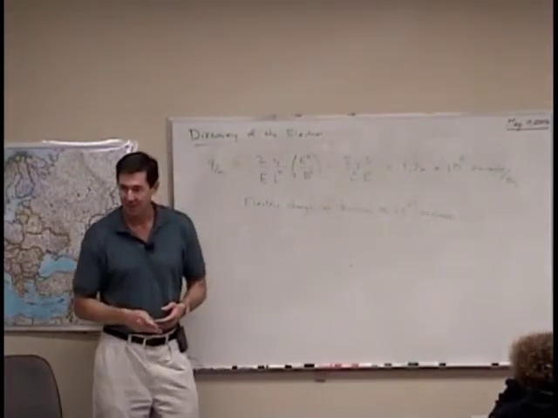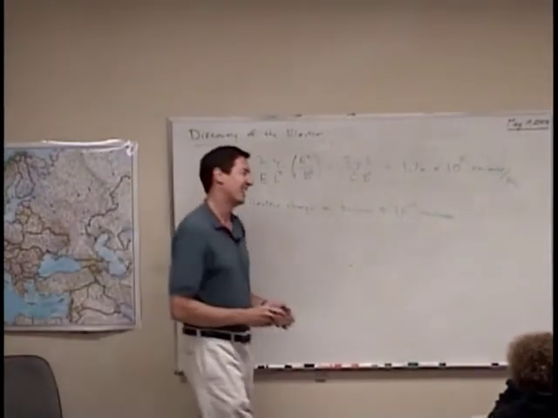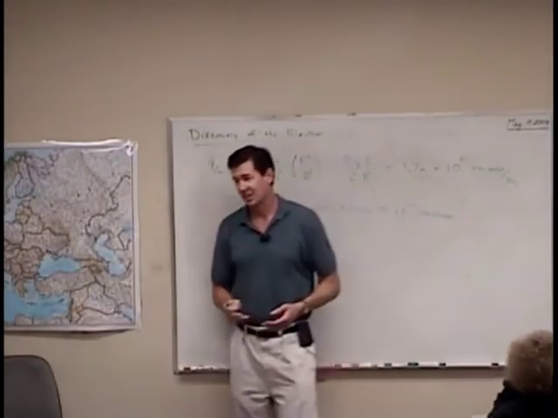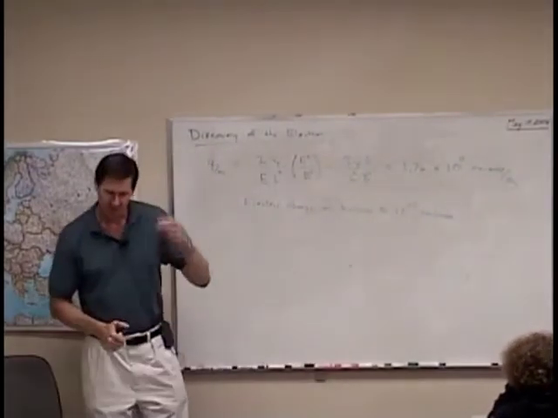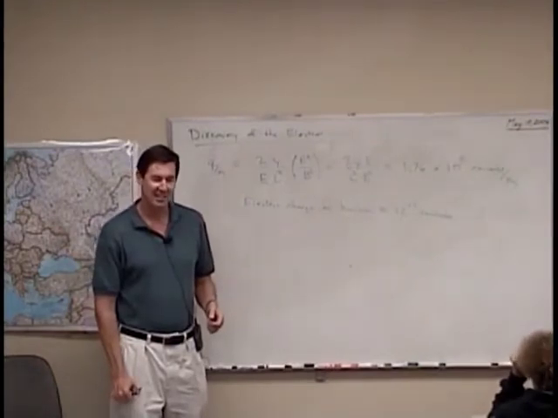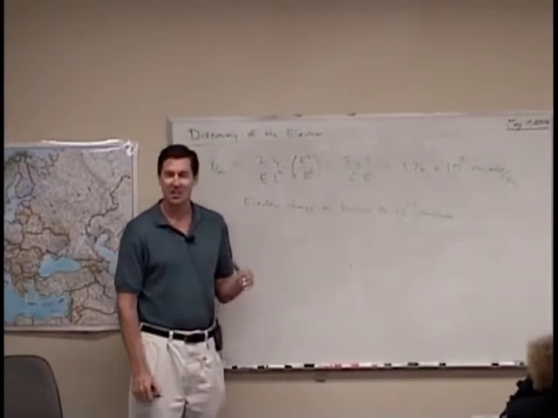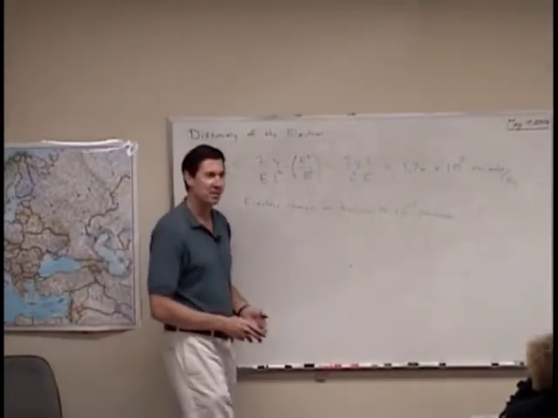Yes, Troy. How many coulombs would be in a lightning bolt? Oh, lots. That's a good question. I was actually going to tell you a little bit more about lightning at the very end of this class, so I'll try to include that information.